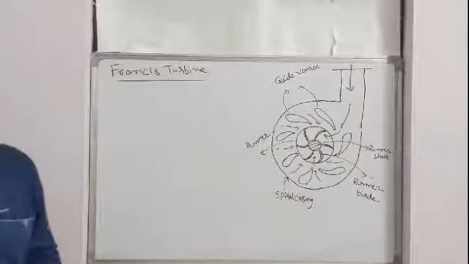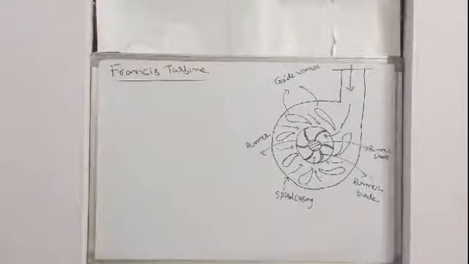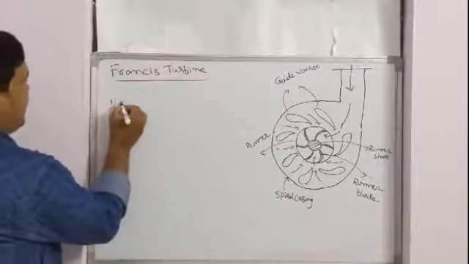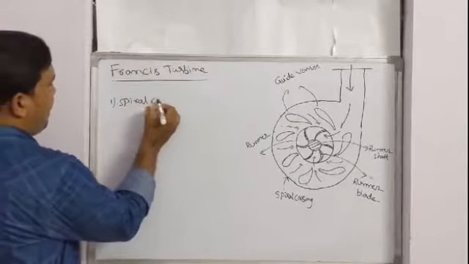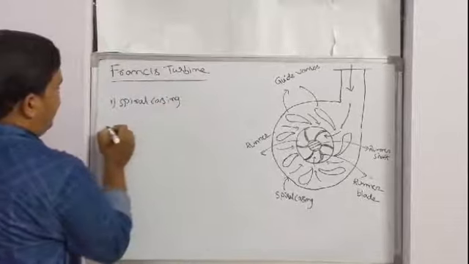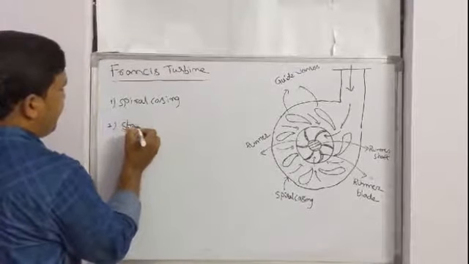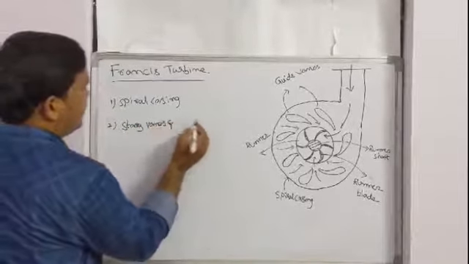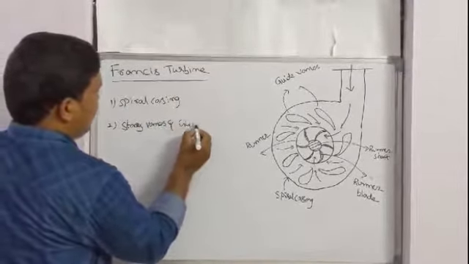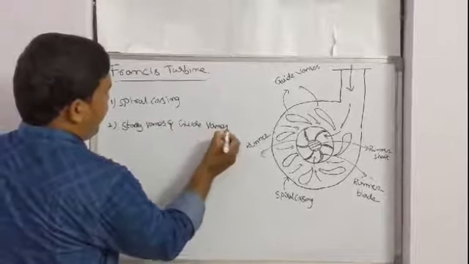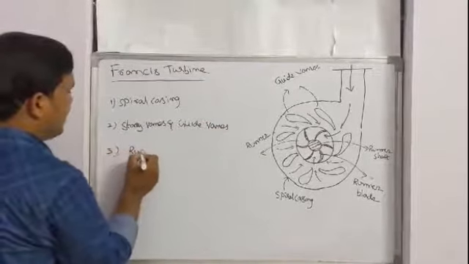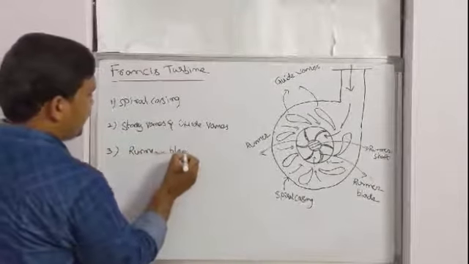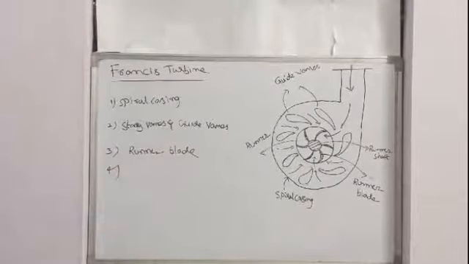These are the main components of the Francis turbine. The first one is the spiral casing, and the second one is the stay vanes, and this is a combination mechanism of guide vanes, and the third one is the runner blades, and the fourth one is the draft tube.